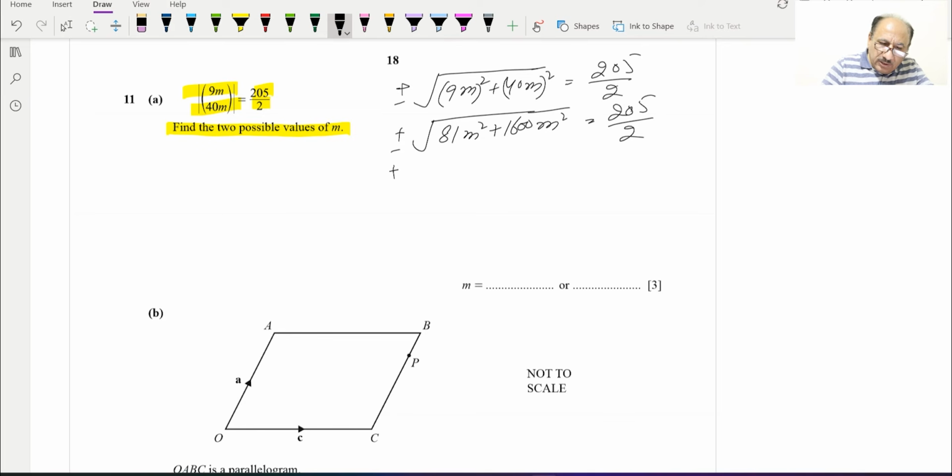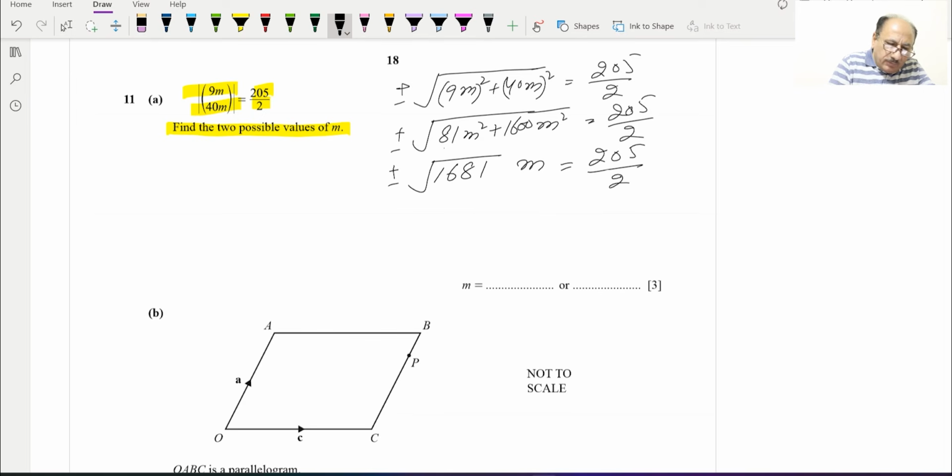We can rewrite it as plus minus, and this will be, by adding 81 and 1600, we will get 1681, and m square we can write outside the root, and this will be equal to 205 over 2.